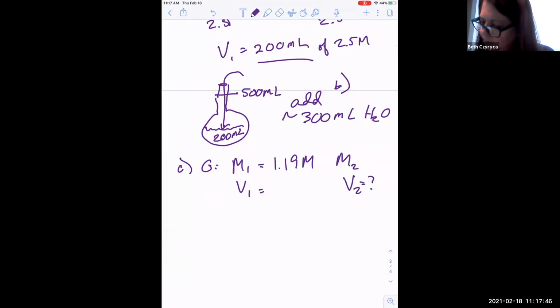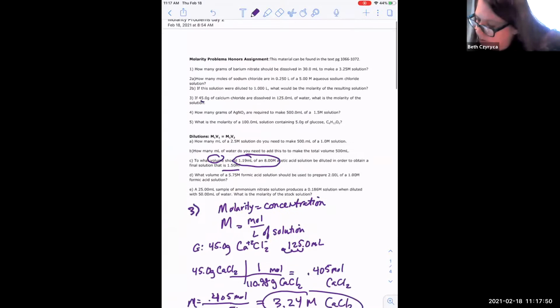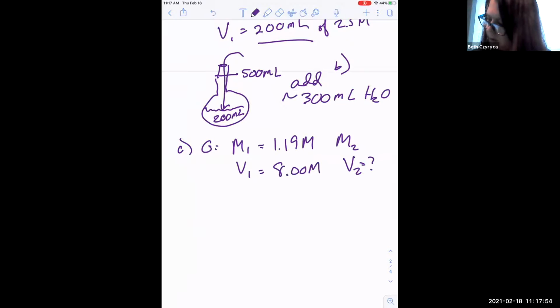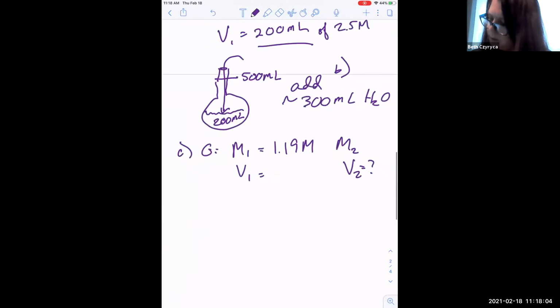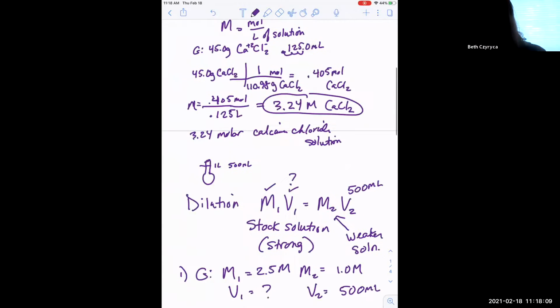I know we were looking for V2. 8 molar and 1.50. Oh, wait, I forgot already. I really have hard times. Milliliters, 1.19 milliliters?